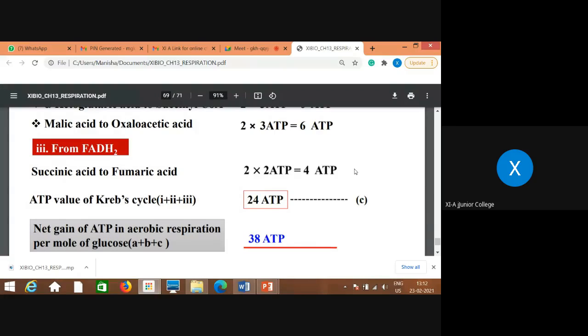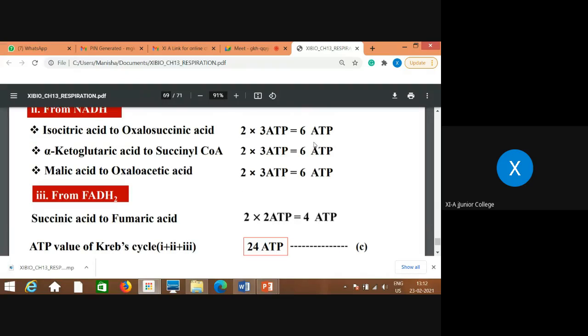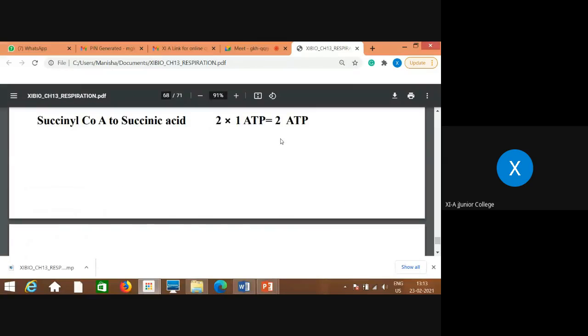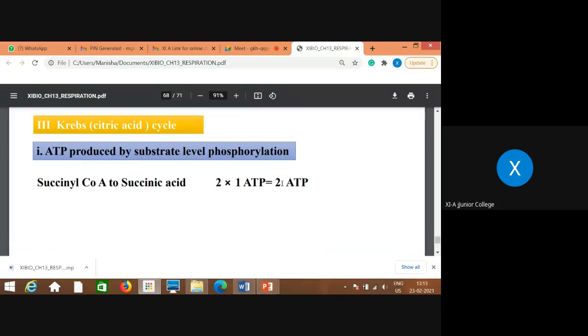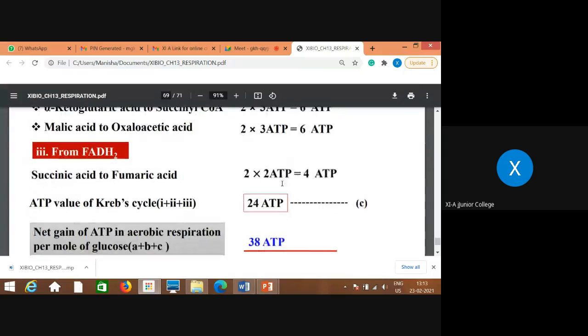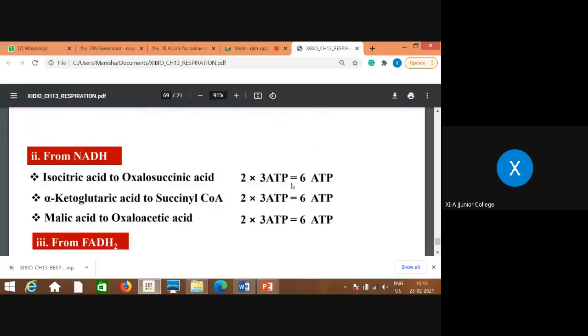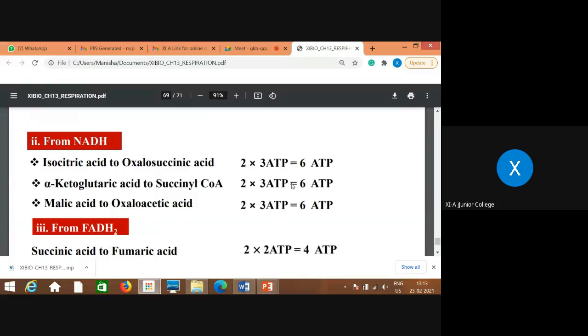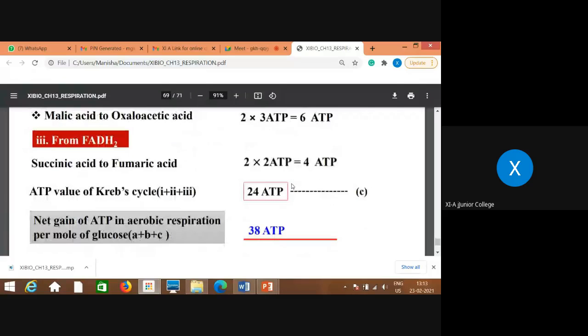Do you remember how it is 24? 6 plus 6 plus 6, 18. 18 plus this 2, that is 20. And 20 plus this 4, 24. So from FADH2, from NADH2, and from ATP directly, 2 plus 18, 20 plus 4, 24. So from the Krebs cycle, the total ATP gain is 24.